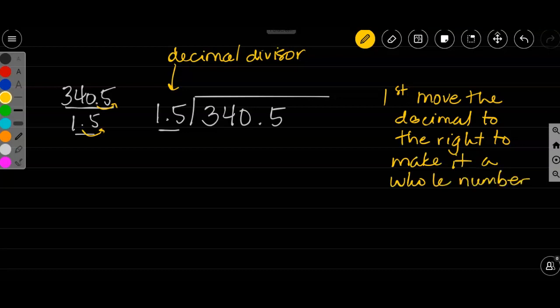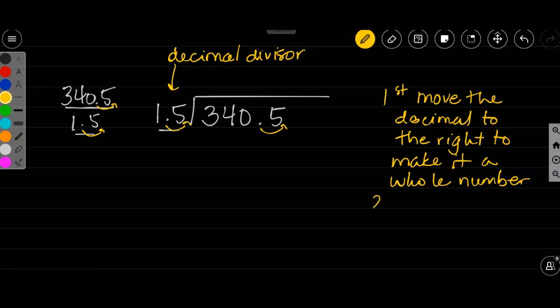If you do that though, you have to do the same thing to the dividend. So if you move it over one time to make it 15, then you have to move the decimal in the dividend over one time to make this 3,405.